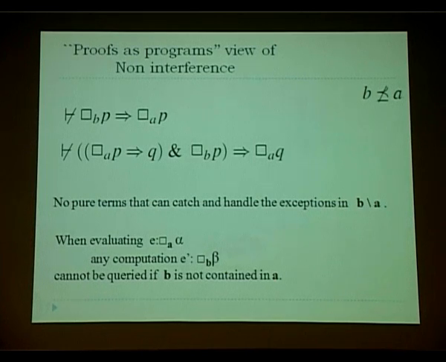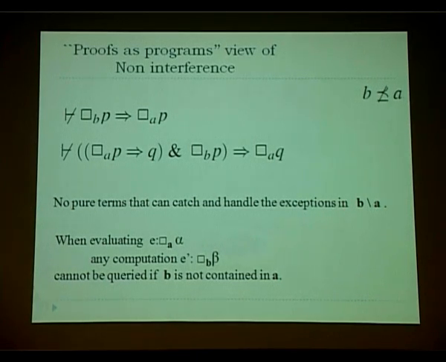Now here, what does non-interference mean in this example? It's really useful to take the proofs-as-programs view. So instead of thinking of proofs, I want to think of them as functional programs. And the basic content of non-interference is that no pure logical term can raise exceptions.